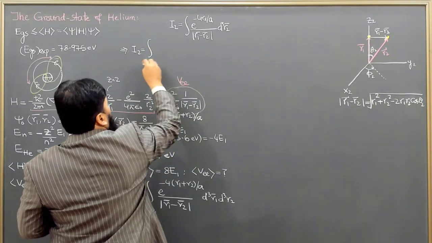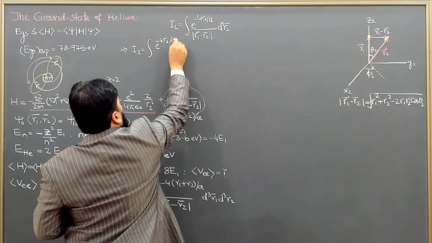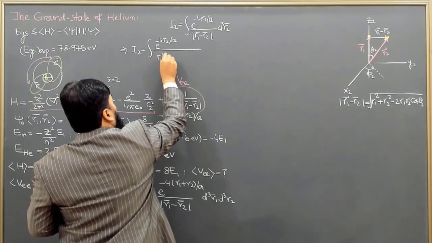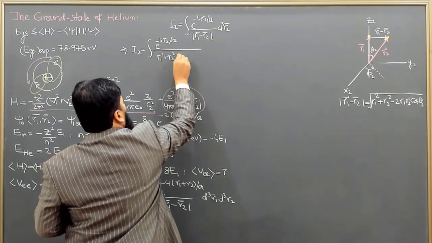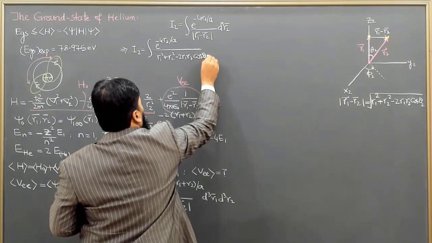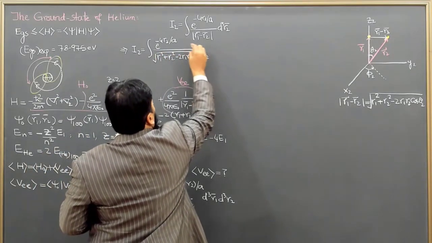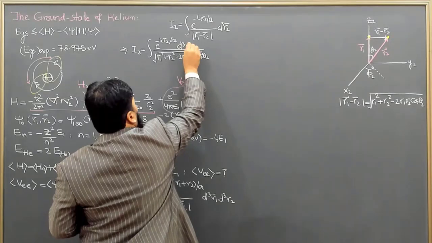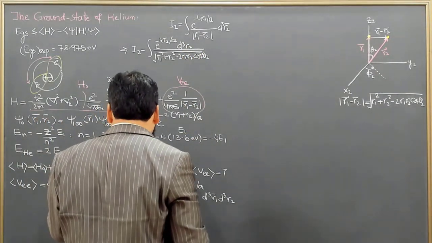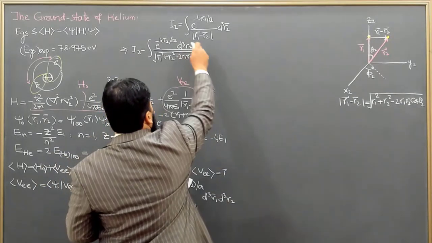So the integral of e to the power minus 4 r2 over a, divided by the square root of r1 square plus r2 square minus 2 r1 r2 cos theta 2, and d cube r2. So we have this, and it is also good to write this d cube r2.